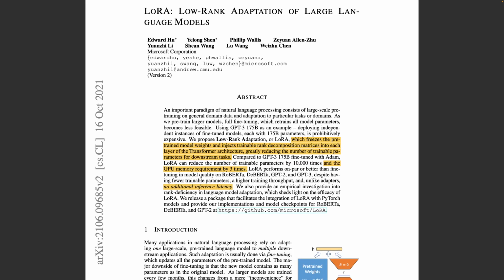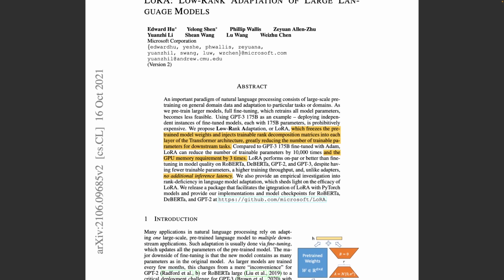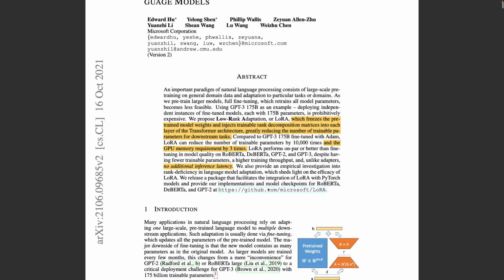An important paradigm of natural language processing consists of large-scale pre-training on general domain data and adaptation to particular tasks or domains. As we pre-train larger models, full fine-tuning, which retrains all model parameters, becomes less feasible. Using GPT-3 175 billion as an example, deploying independent instances of fine-tuned models, each with 175 billion parameters, is prohibitively expensive.